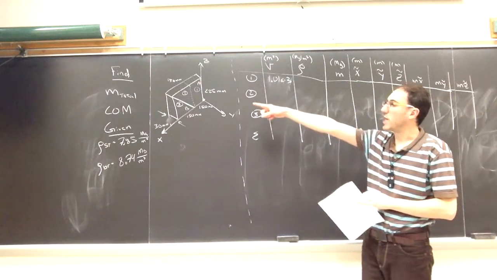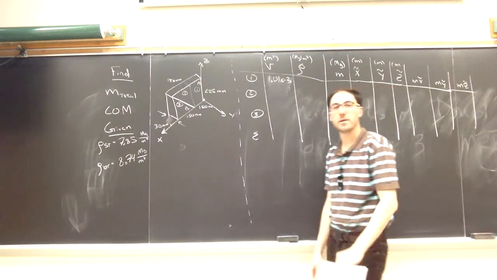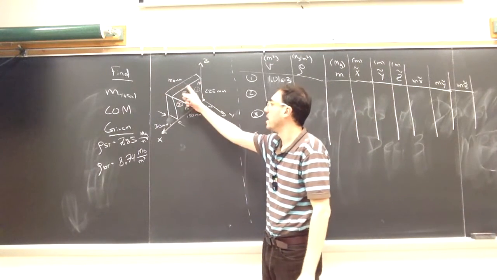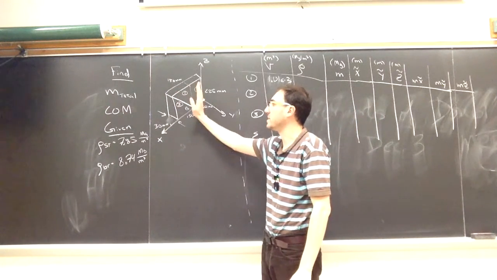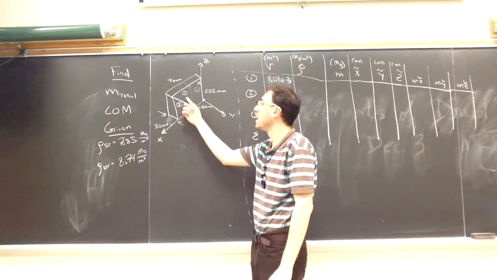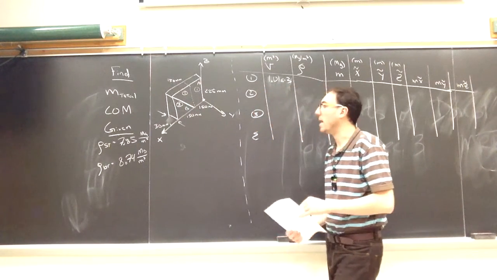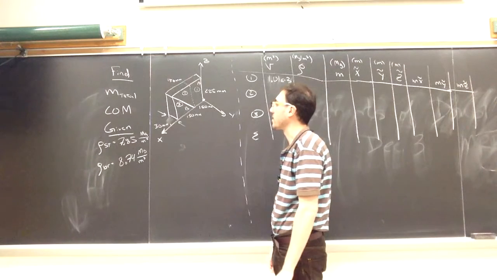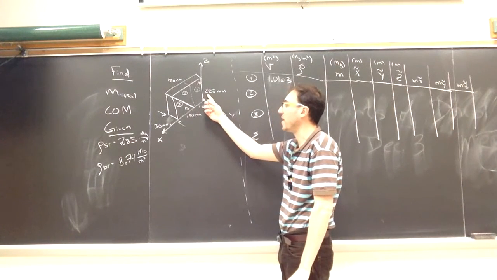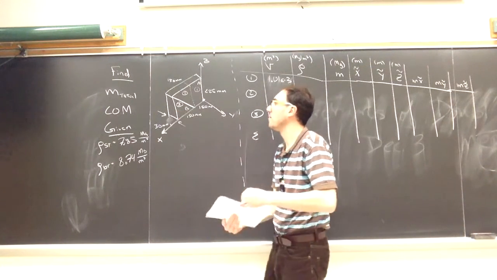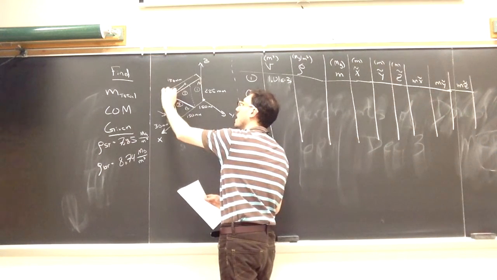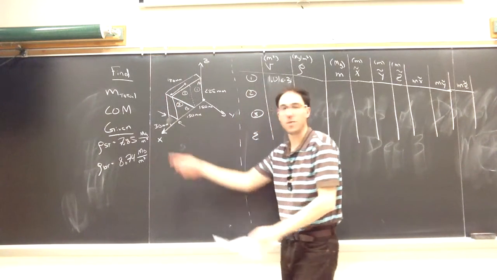For shape 2, I have that triangular solid. So if I find the area of the triangular piece and then multiply it by its thickness, then I'll have the volume for this triangular solid. It has a height of 225 millimeters, a base of 150, and a thickness of 30.